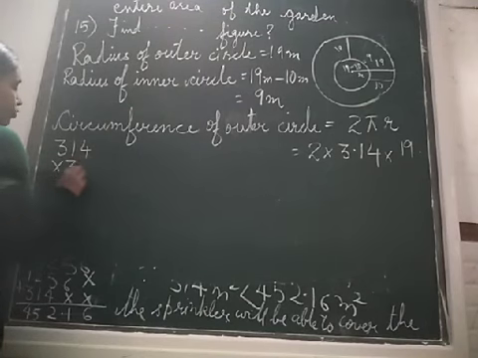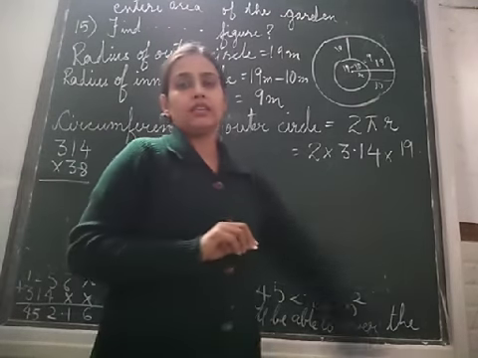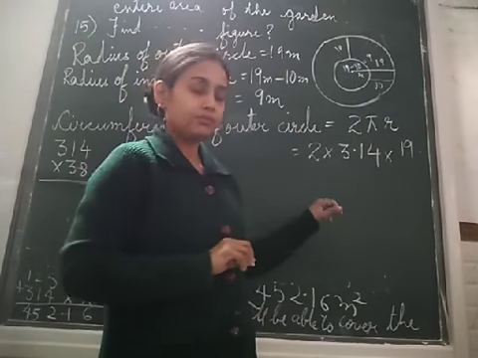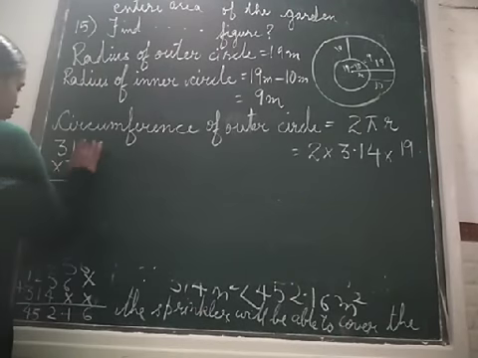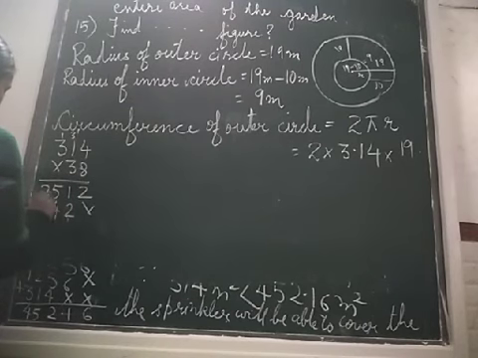3.14 multiplied by 38. From where is this 38 coming? 2 into 19 gives us 38. 2 9s are 18 and 2 1s are 2 plus 1, 3. So 38. 8 4s are 32. 8 1s are 8, 9, 10, 11. 8 3s are 24, 25. 3 4s are 12. 3 1s are 3, 12, 13, 14. 3 3s are 9.